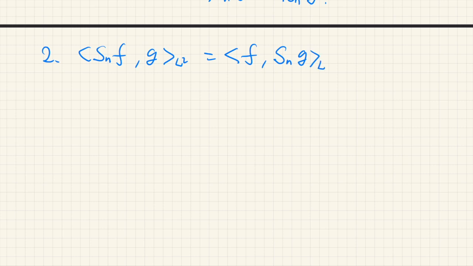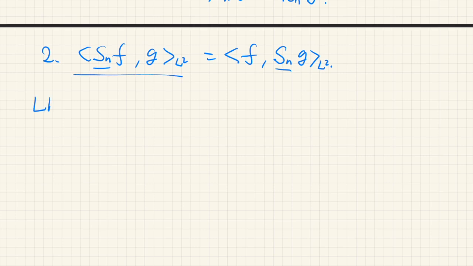And the next property of Sn is this: Sn applied to f times g. If we take the inner product between these two, then that is equal to f times Sn applied to g. So the place of Sn doesn't matter, so they can be switched. Okay, let's show this.